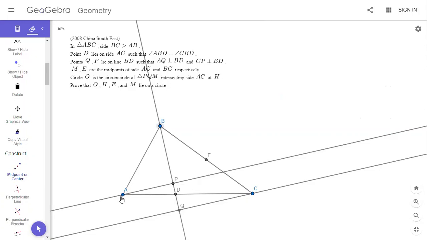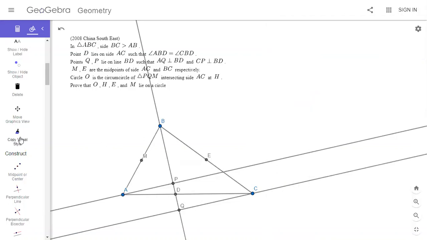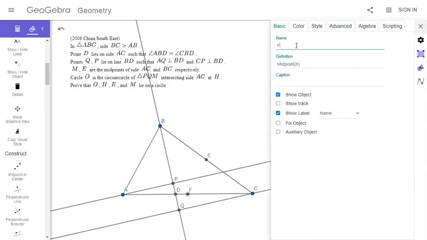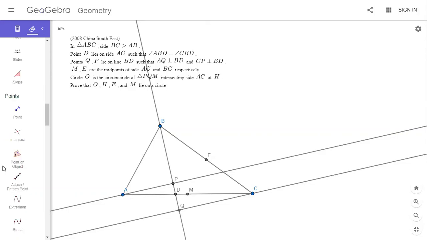So that's E. I want to call that M. Circle O is the circle. Wait, it's AC, right? Not AB. Oh yeah, you're right. So good call. So O is the circumcircle of PQM.